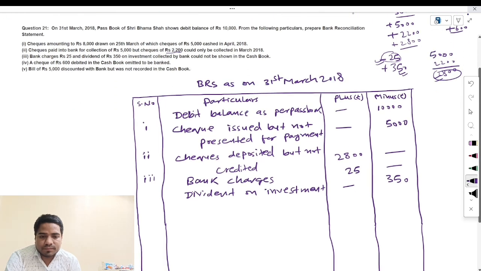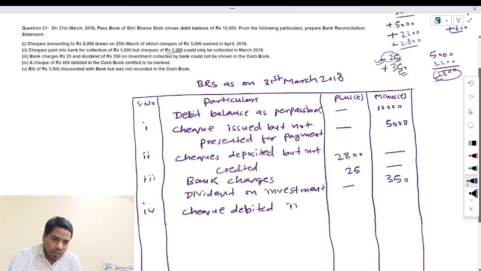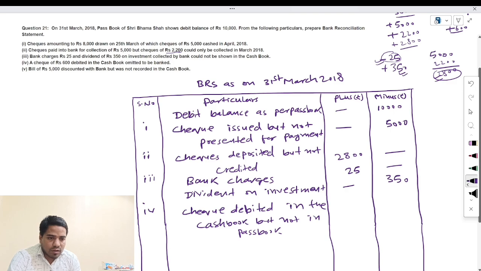So we will write here in the fourth case: check debited in the cash book but not in passbook. How much was the amount here? 600.